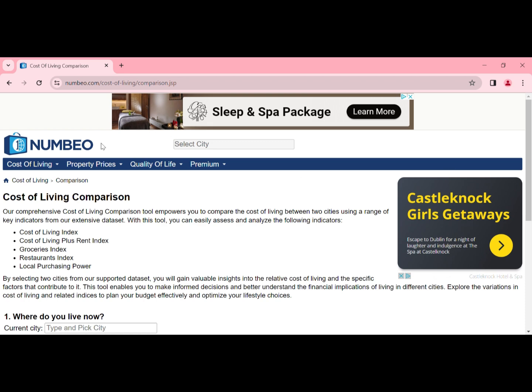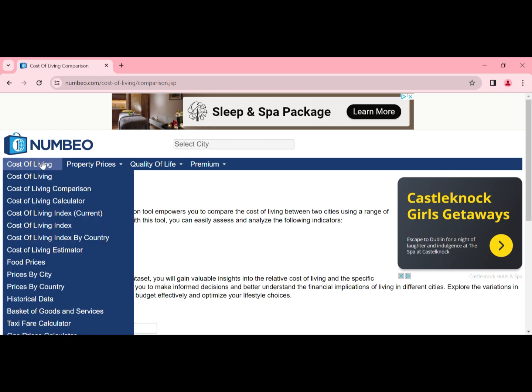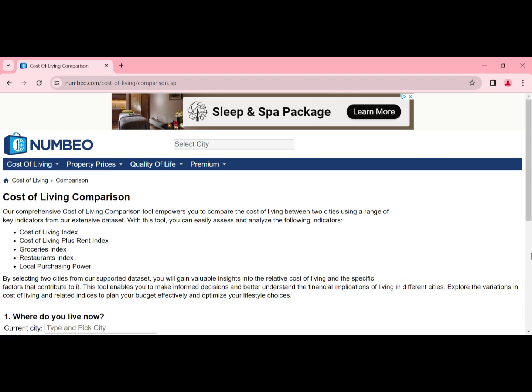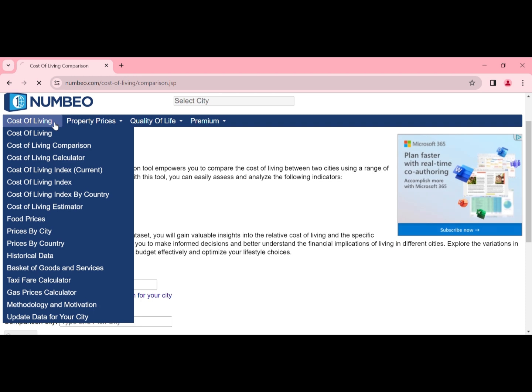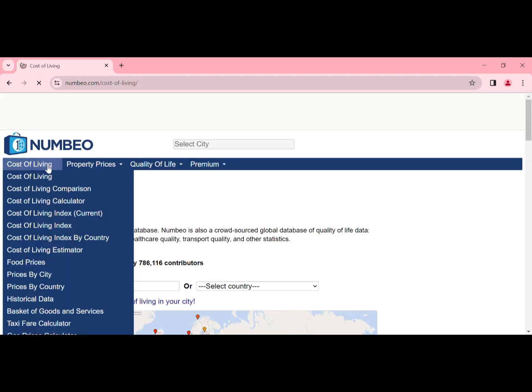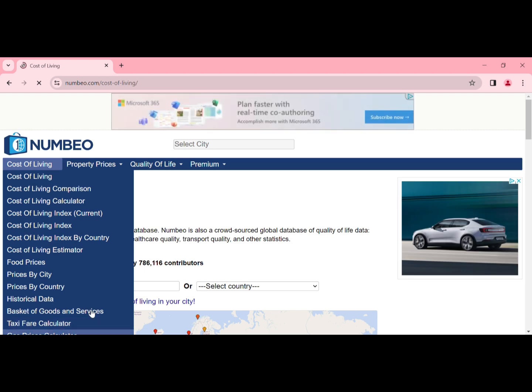Okay, so when you come to the section for cost of living, they have cost of living comparison, cost of living calculator, cost of living index, we have current and then that as well. Cost of living index by country, cost of living estimator. Let me try to pull this down so we can see properly. And then we have a basket of goods and services, taxi fare calculator, and a whole lot.